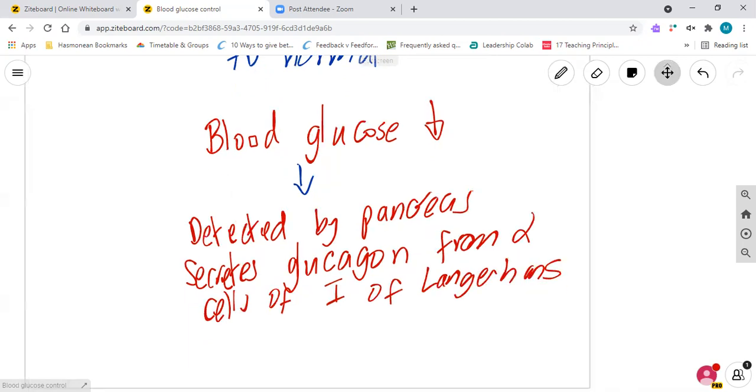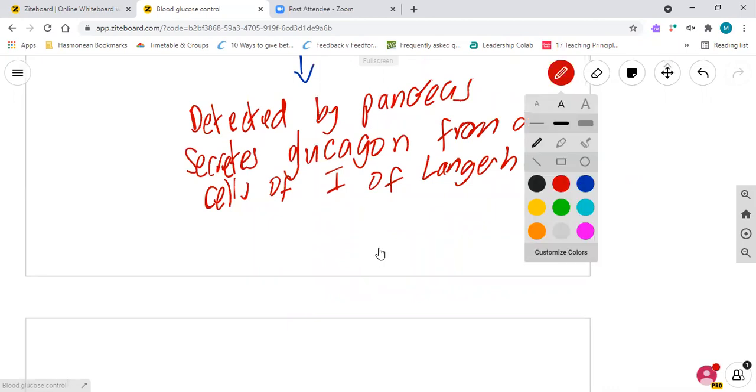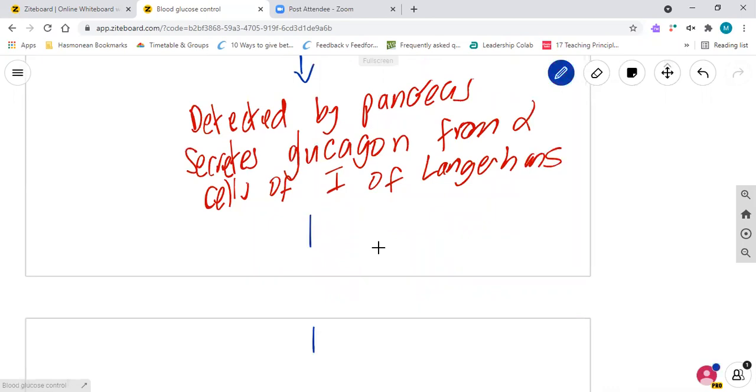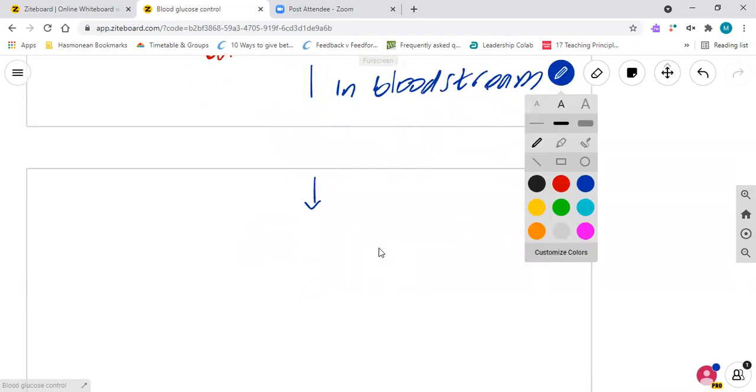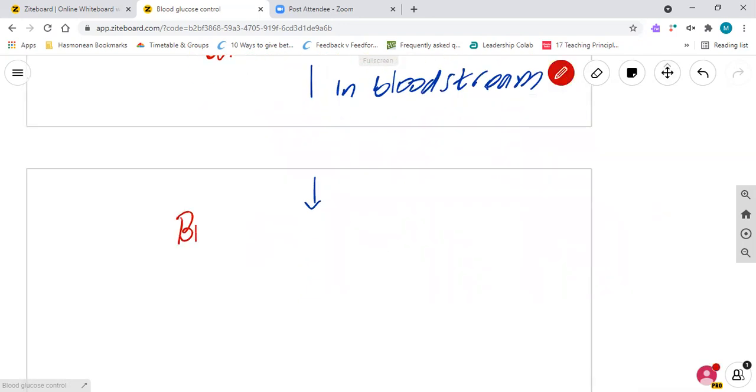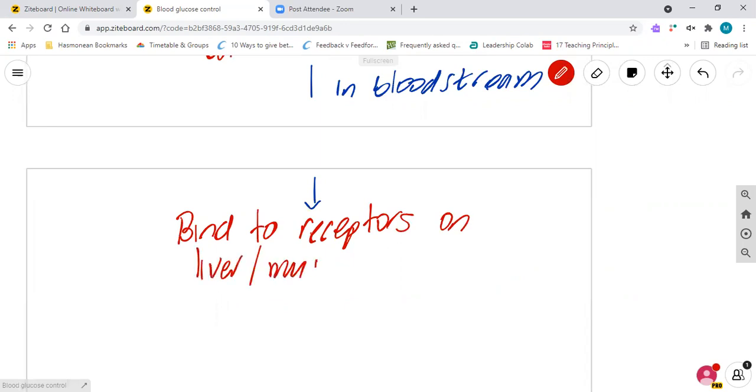Again, it's a hormone, so it will travel in the bloodstream to the target organs, which are the liver and muscle cells, and again, it will bind to receptors which are complementary and specific to glucagon on the liver and muscle cells.